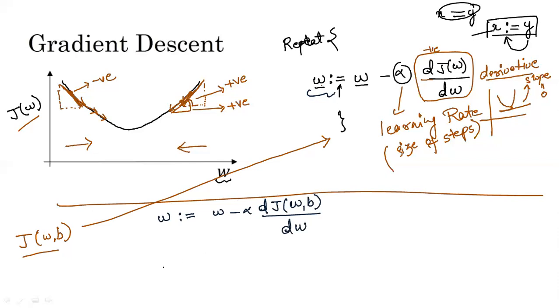And what will be the equation of b? b colon equal to b minus alpha times d of j of w comma b upon d of b.